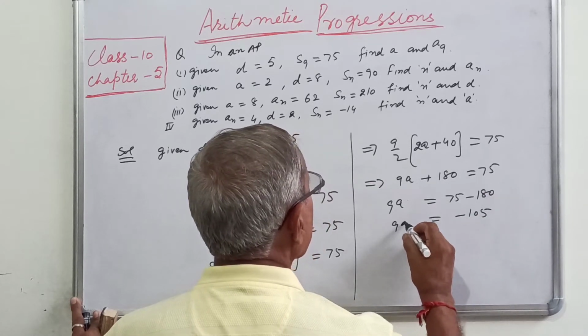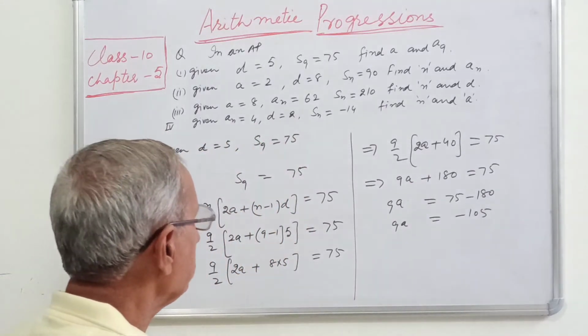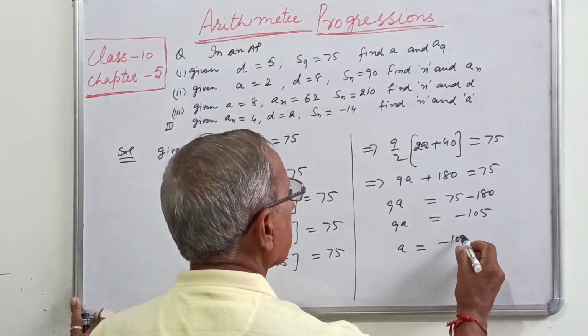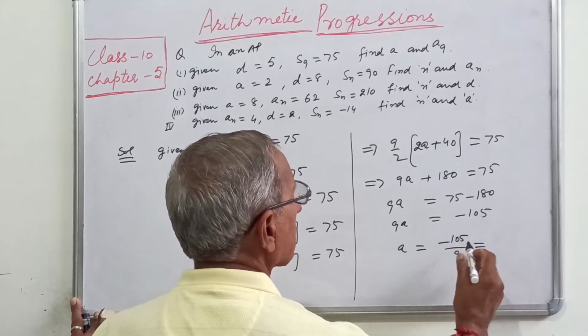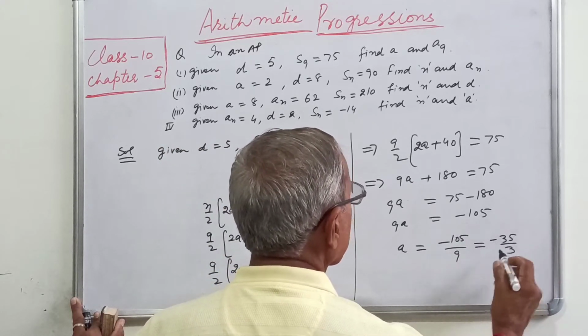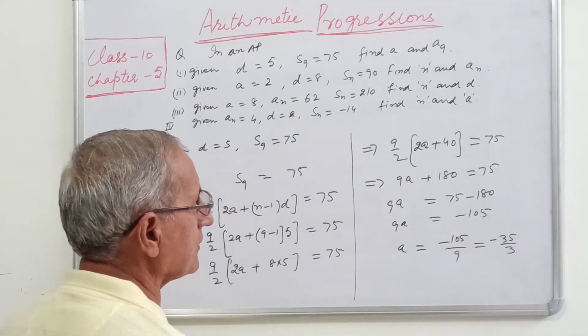So 9a is equal to minus 105. So value of a will be minus 105 divided by 9. So 3 से इसको कैंसिल किया तो हो गया minus 35 upon 3. So value of a here is minus 35 upon 3.